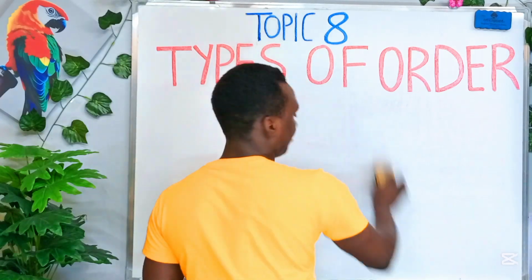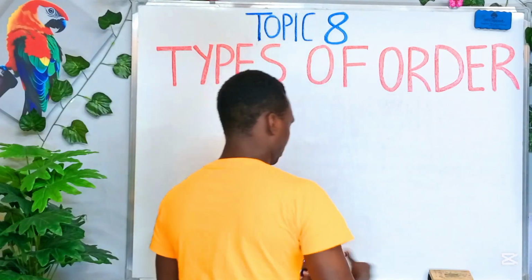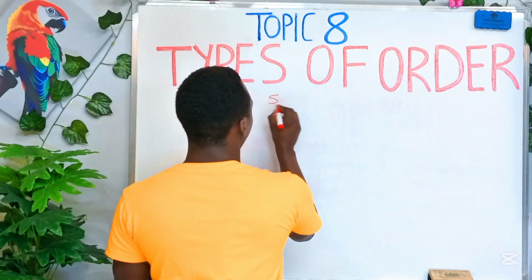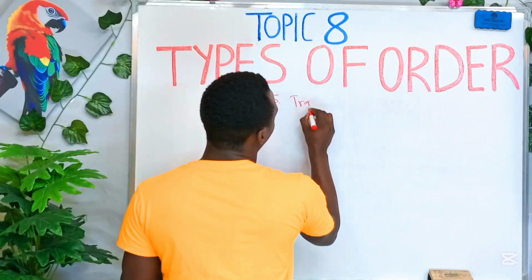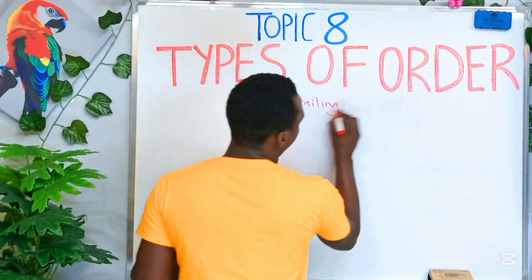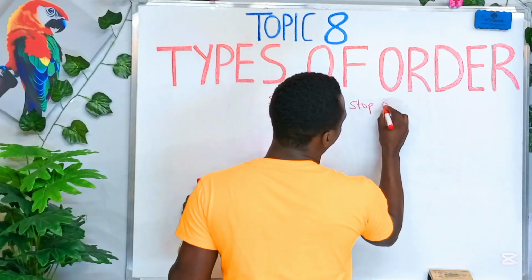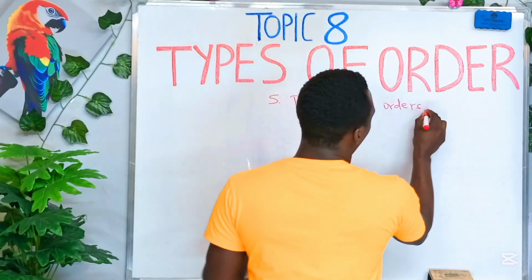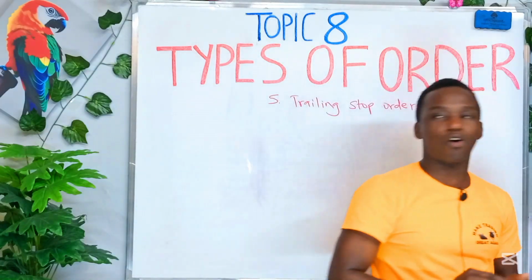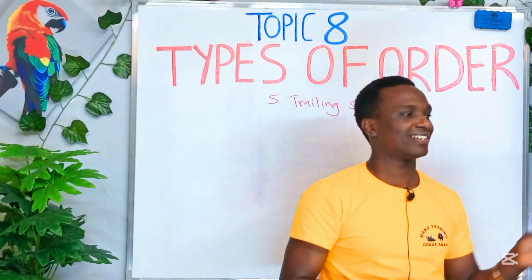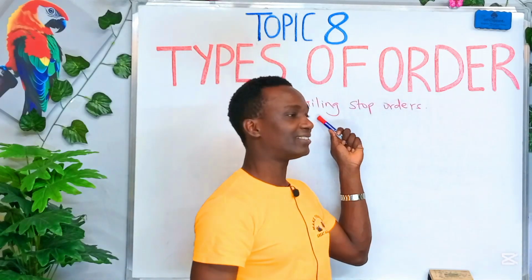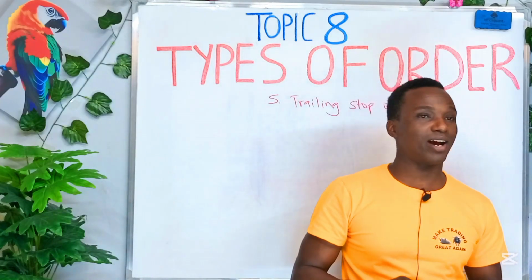At number 5 we have trailing stop orders. What are trailing stop orders? It comes from the word trailing. All right.